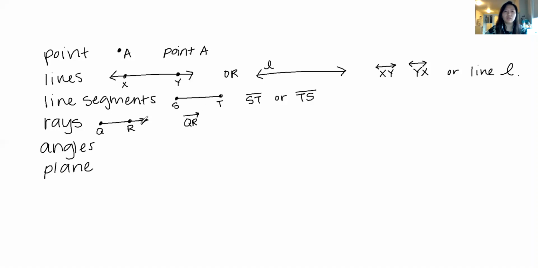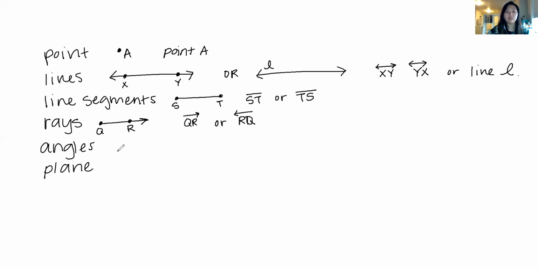Remembering that the arrow has to go through the side where the arrow is going through, as you see it in the diagram. We can switch up the letters, saying RQ, as long as your arrow is still going through the R, because that's where the arrow is going through on our ray.